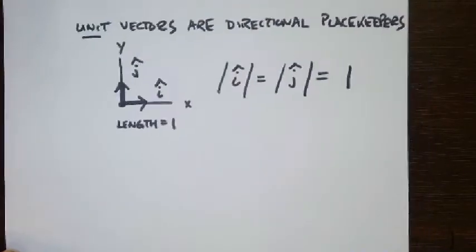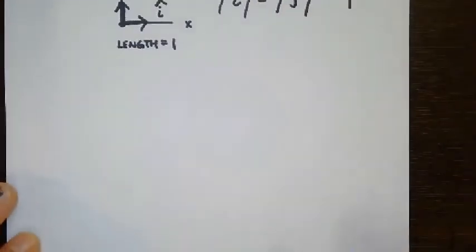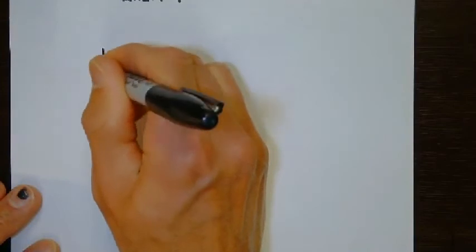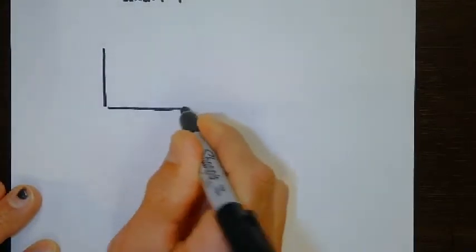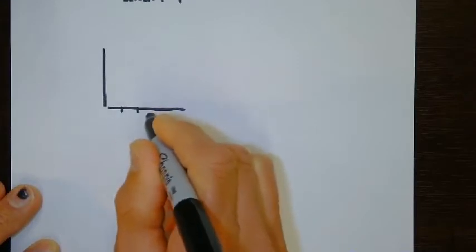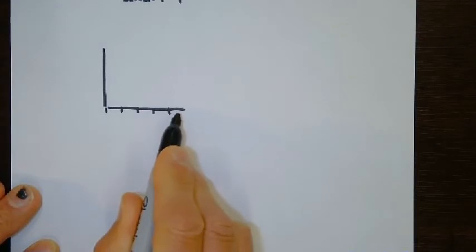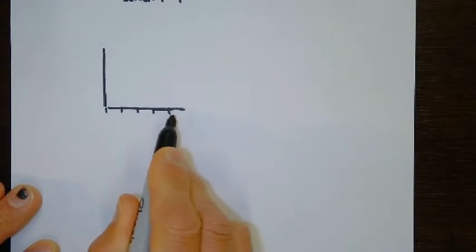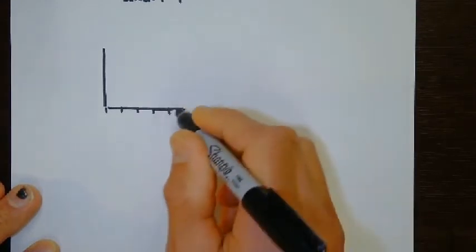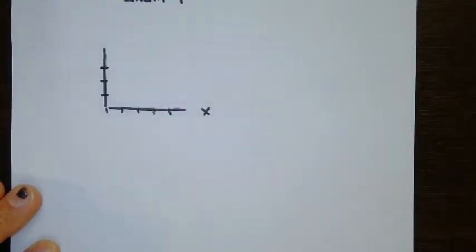Okay, so let's see why this is actually a good thing, and why you care. So let's take an example. I'm going to sketch a vector here, and I'm going to say that this particular vector comes out by 4 in the x direction, and then goes up by 3 in the y direction.